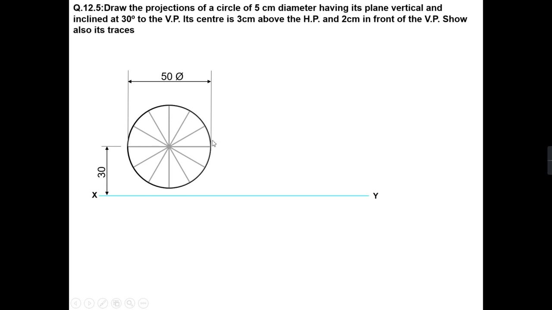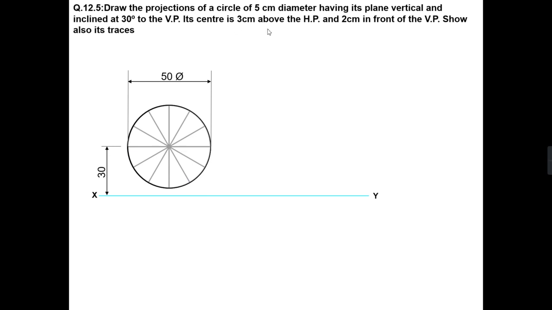After that, I will divide the circle into 12 equal parts. You can also divide the circle into 8 equal parts. Then I will draw the top view of this circle. In the top view, of course, it will look like a straight line, right? If you see it from the top, you will get a straight line. So I will draw the projectors from all the points, and then I will get a straight line.